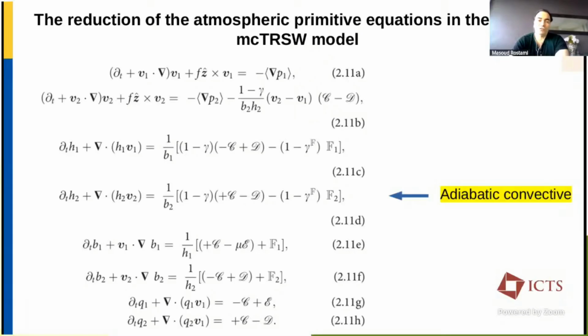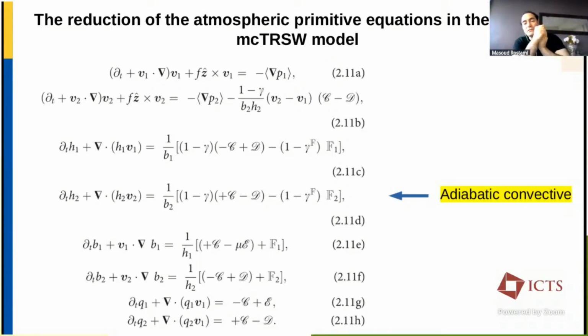But if you look at the equations, we see that the pressure in this system is not a gradient of a scalar. It's a gradient of a combination of H and B.